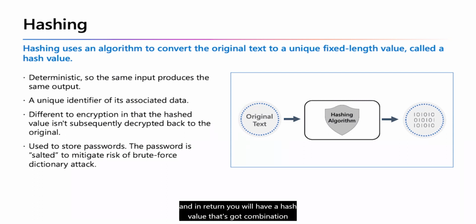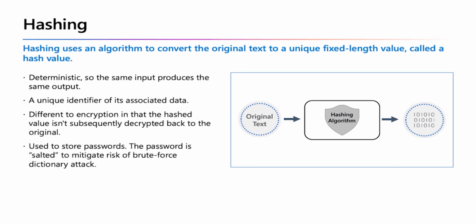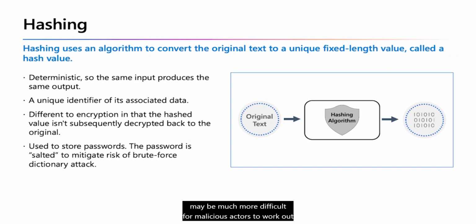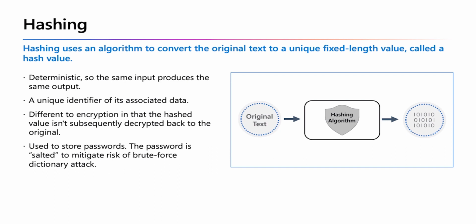And in return, you will have a hash value that has a combination of your word and a stamp or something else that can then be looked at as a final product. Reverse engineering in that case may be much more difficult for malicious actors to work out and can take them much longer to break your hashed value.